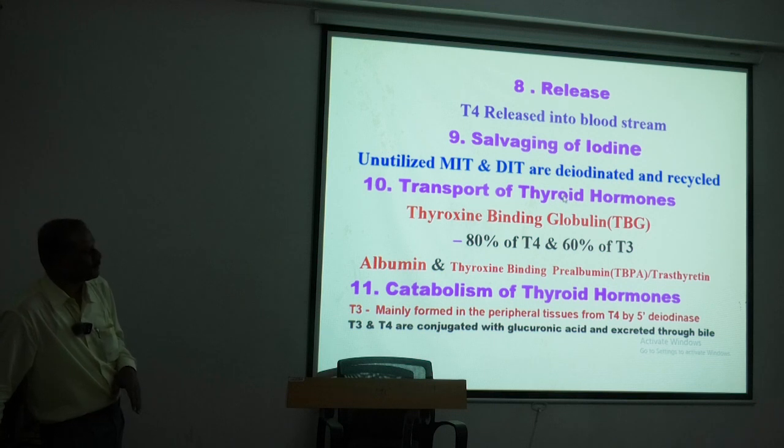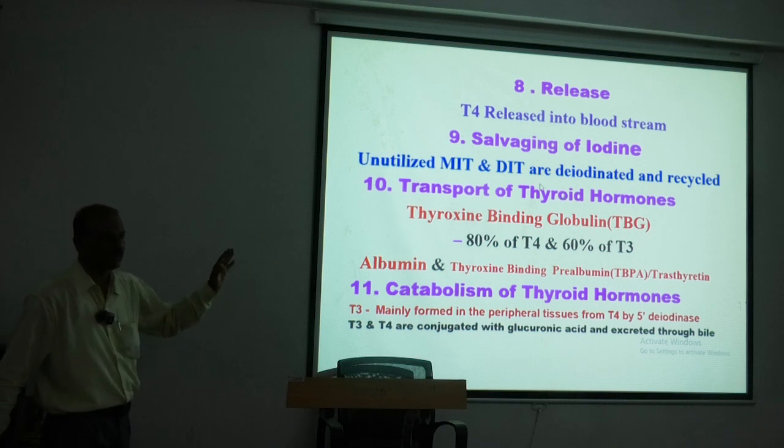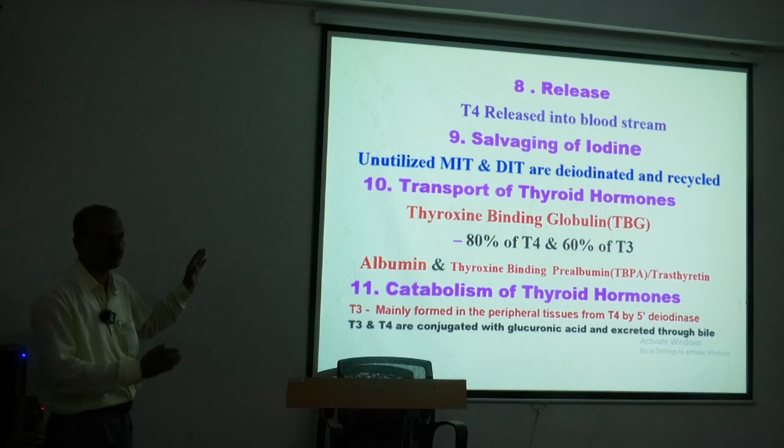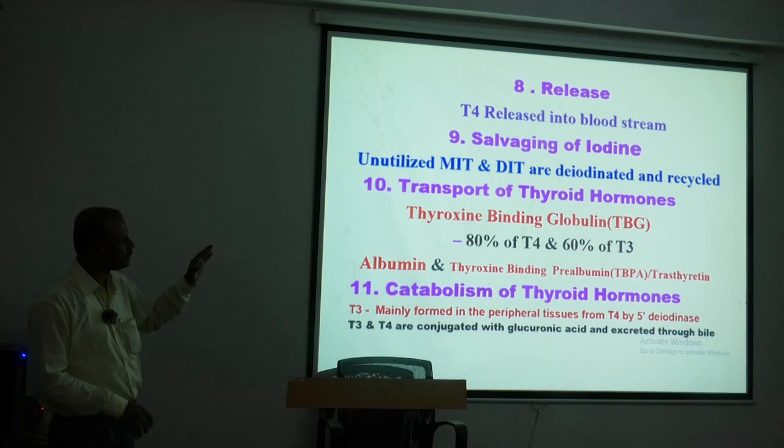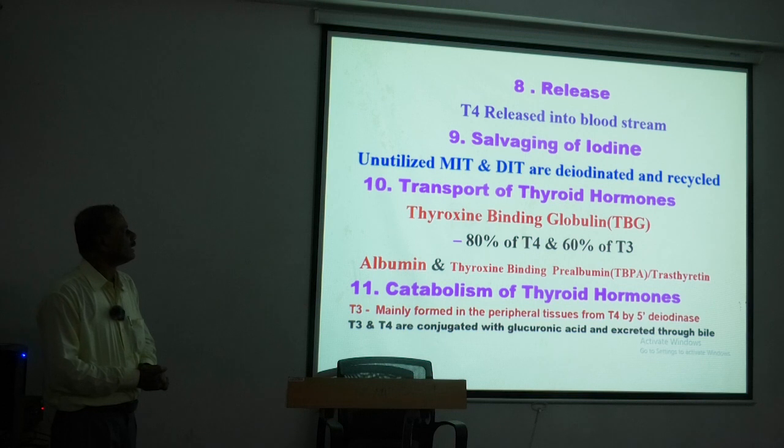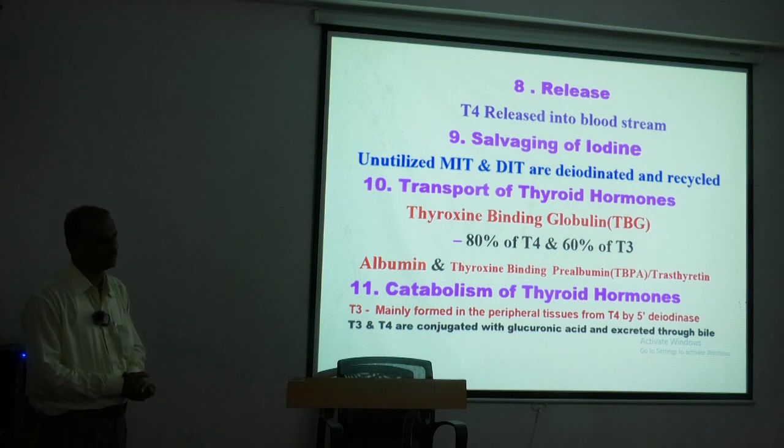Then the transport of thyroid hormone, the most important part here, clinically relevant because you must know this for interpreting thyroid reports. Transport of thyroid hormone occurs by thyroxine binding globulin. 80% of the T4 and 60% of the T3 is bound to TBG, and these are three molecules you must remember.